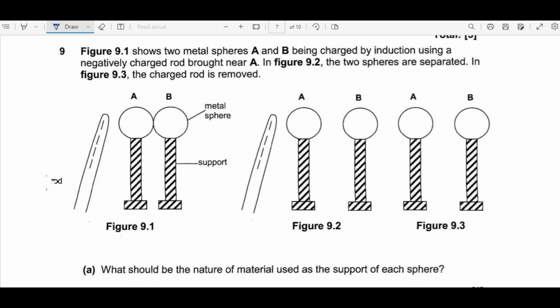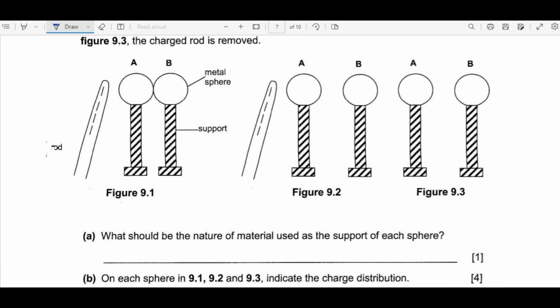The last one, figure 9.1 shows two metal spheres A and B being charged by induction using a negatively charged rod brought near to A. In figure 9.2, the two spheres are separated. In figure 9.3, the charged rod is removed. What should be the nature of the material used as a supporter of each sphere?